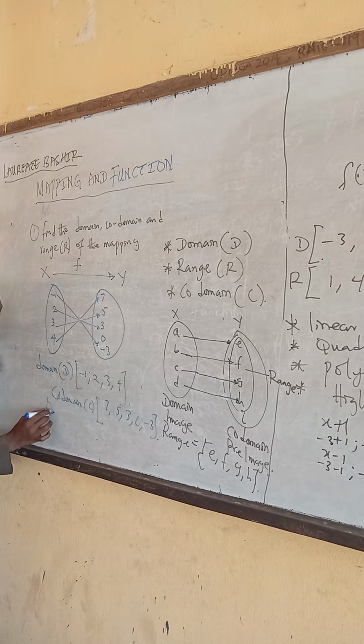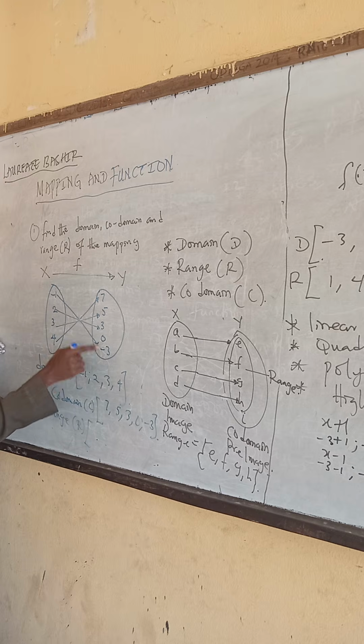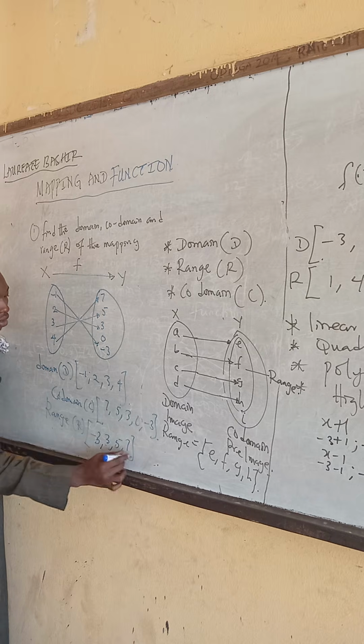Then your range is the elements in the codomain that have an image in the domain. 7 has an image, 5 has an image, 3 also has an image, and -3 has an image, but 0 doesn't. That means you have -3, 3, 5, and 7. This is your range.